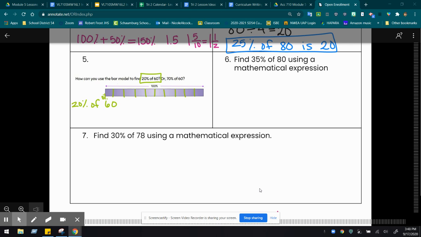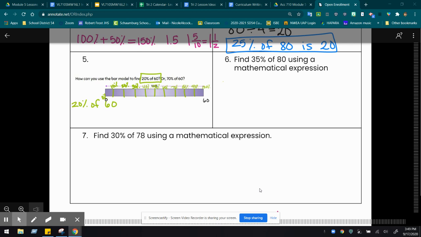So we're going to have 0%, 10%, 20%, and so on, all the way up to 100%. And for this problem, the 100% is the 60. So I start at 0, and my 100% is 60.